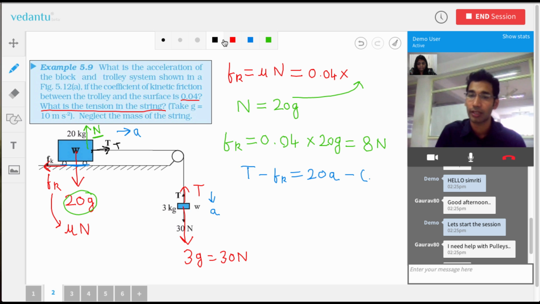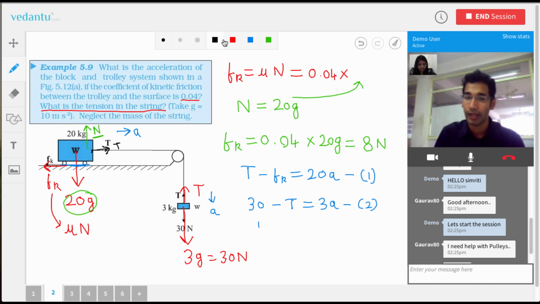This is my equation number 1. And for this 3 kg block, I'll write the downward force, which is 30 newtons, minus the upward force, which is tension, is equal to mass into acceleration. This is my equation number 2.